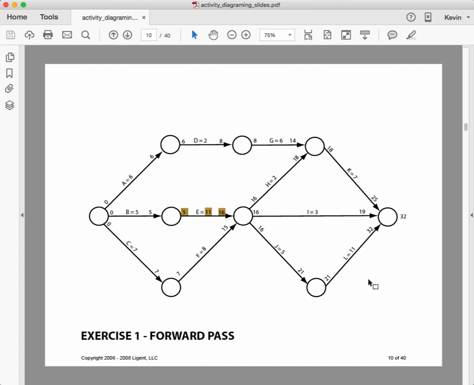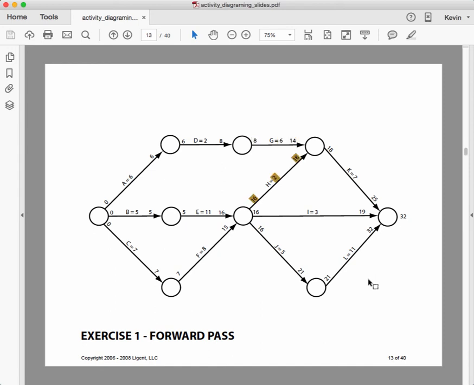And now down here with task E, again, early start of 5, which we inherited from the early finish of B being 5. So 5 plus 11 is 16. And then down on task F, 7 plus 8 is 15. Up at the top again, G, 8 plus 6 is 14.